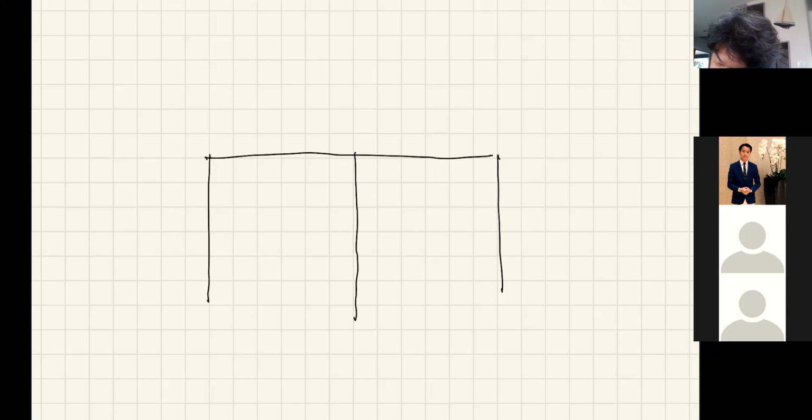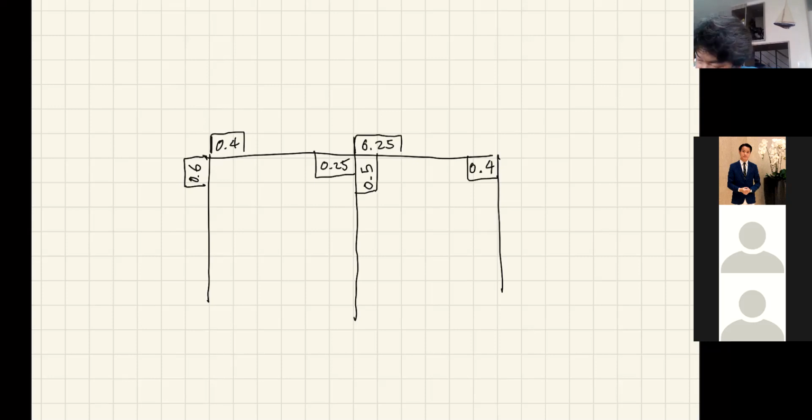Let's write down the distribution factors here as well: 0.6 and then 0.4, a quarter here, a quarter here, and then 0.5 here, 0.4 and then 0.6.